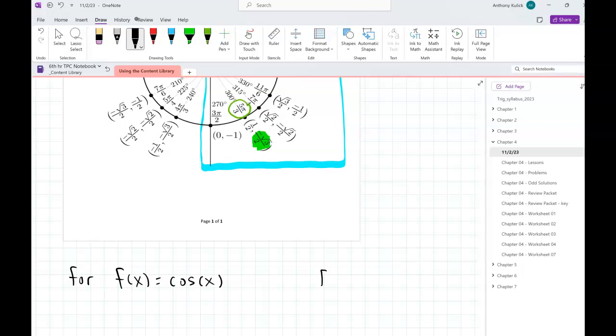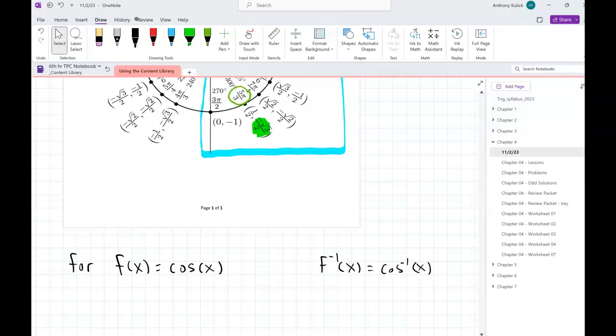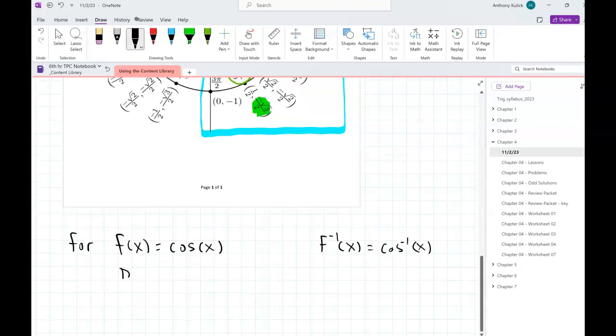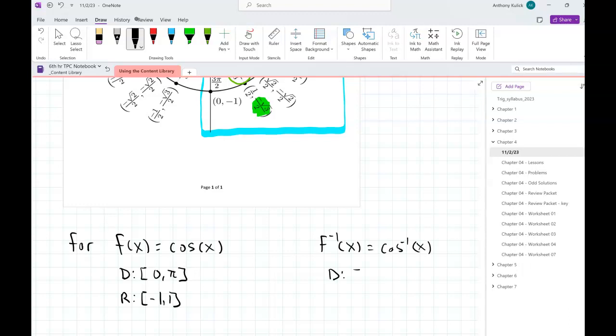So if our function is cosine, its inverse is cosine inverse. For cosine, to make this work, we have to restrict its domain. This time we'll restrict it from 0 to pi. That's going to give us the same range. So for cosine inverse, its domain will once again be negative 1 to 1.